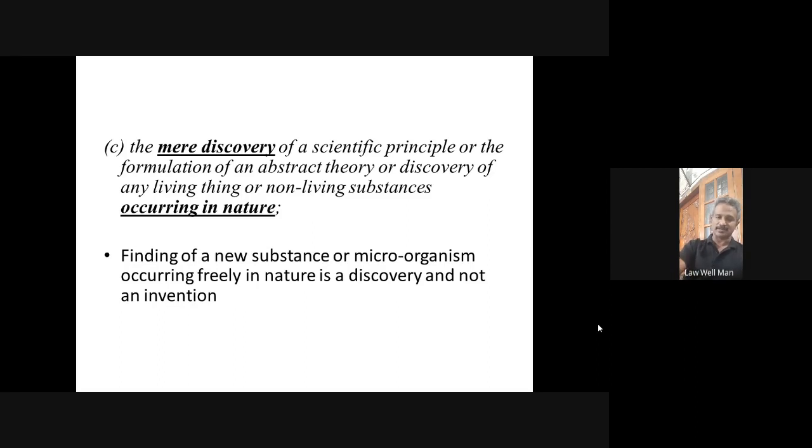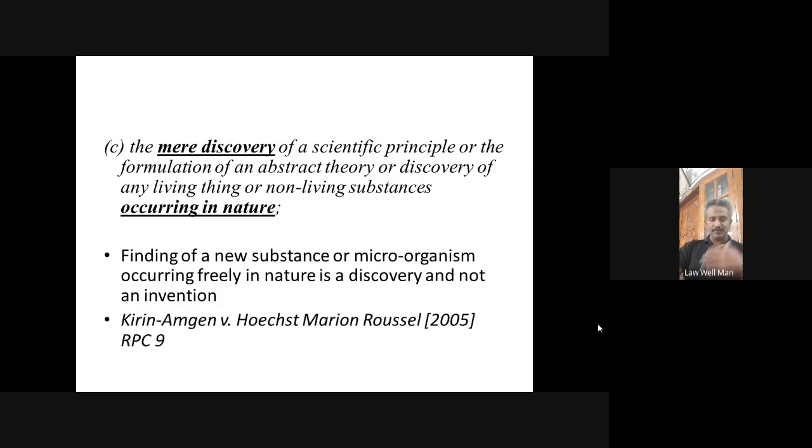Perhaps it will be entitled for patent. But if it is freely existing in nature, and if it is just a mere discovery, then it will not be eligible to be patented. It will have problems under Section 3C. This is where we stopped, and then we will move on from here.